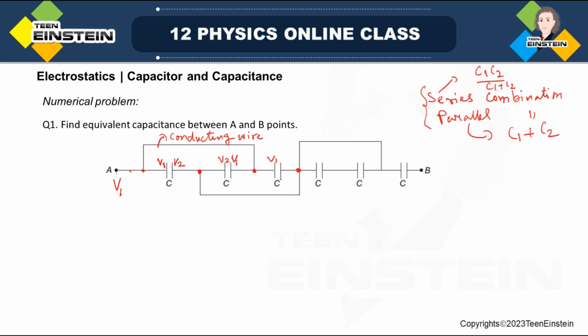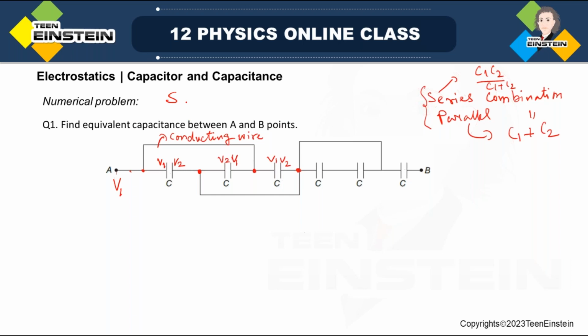So at what potential is this plate? It is at V2 potential. I hope you are understanding, because wherever a conducting wire is connected, it makes the same point have the same potential.